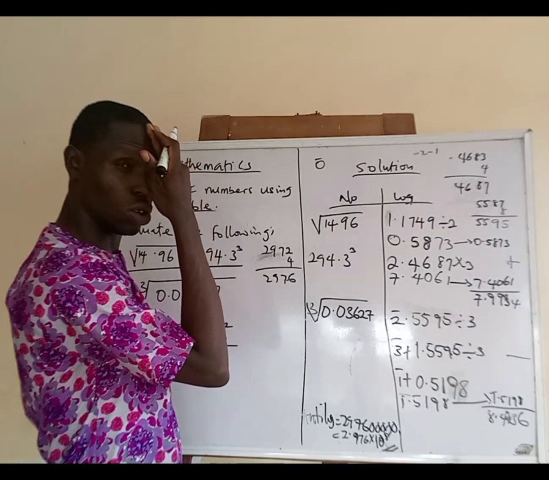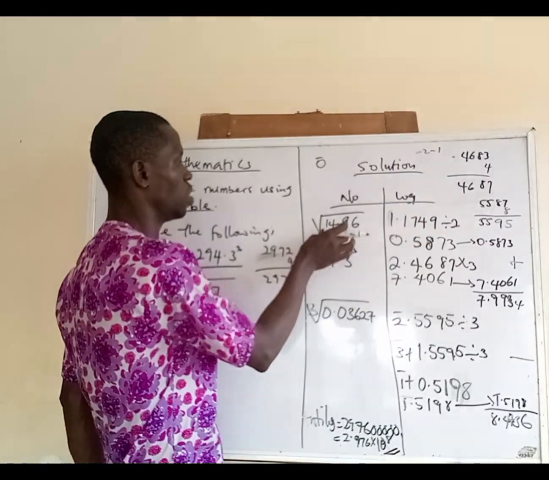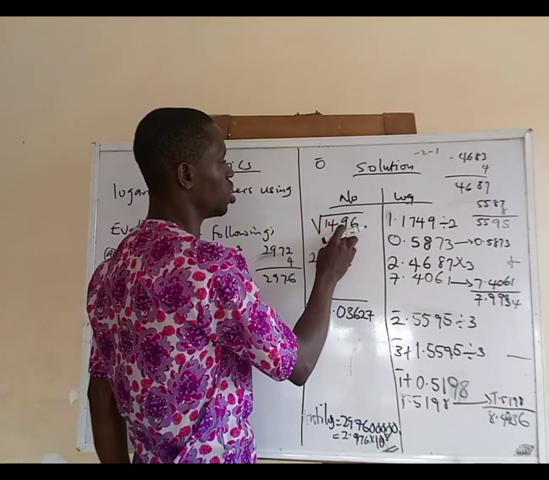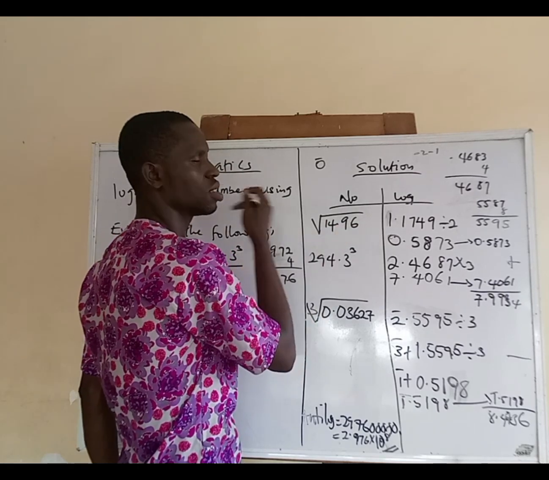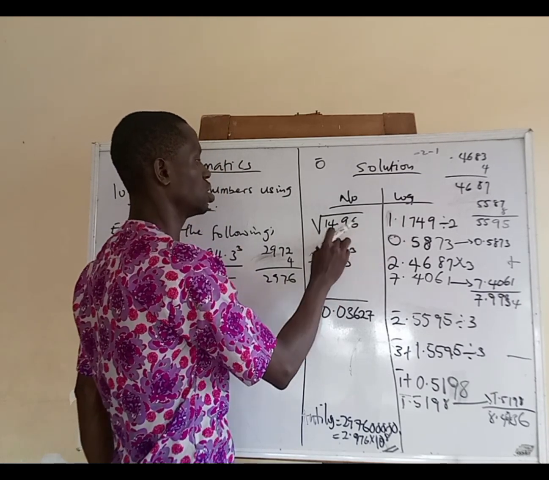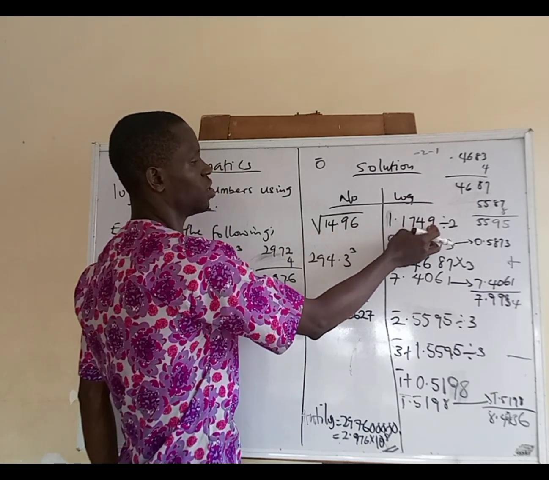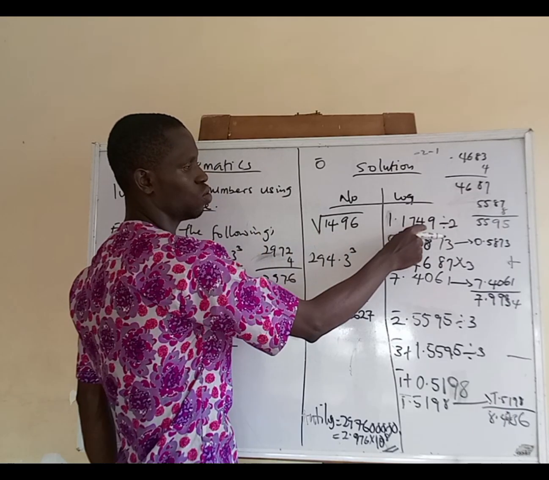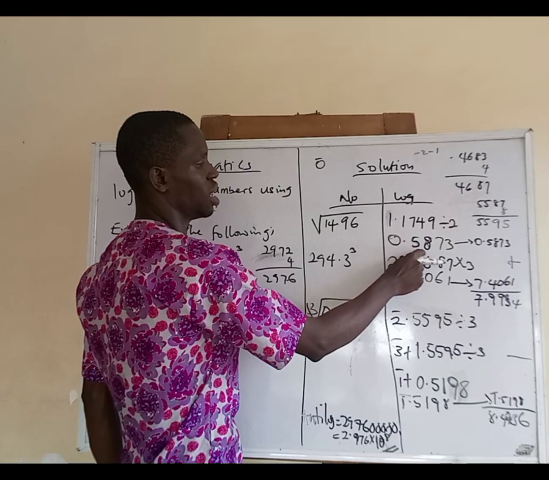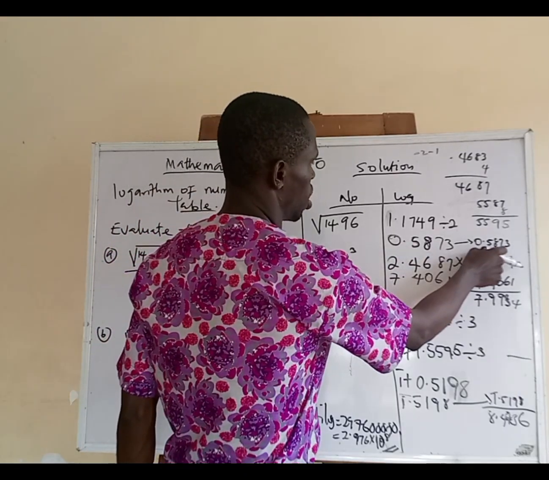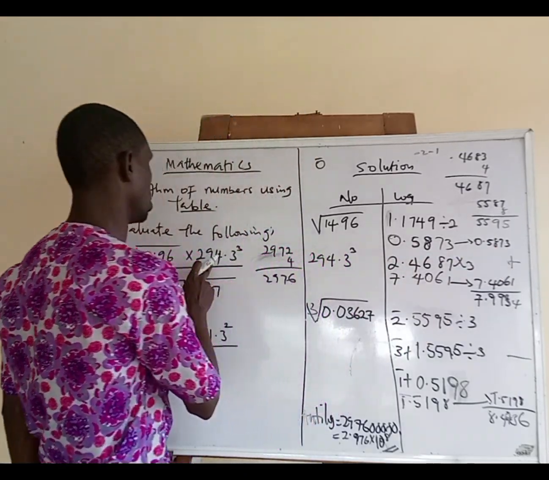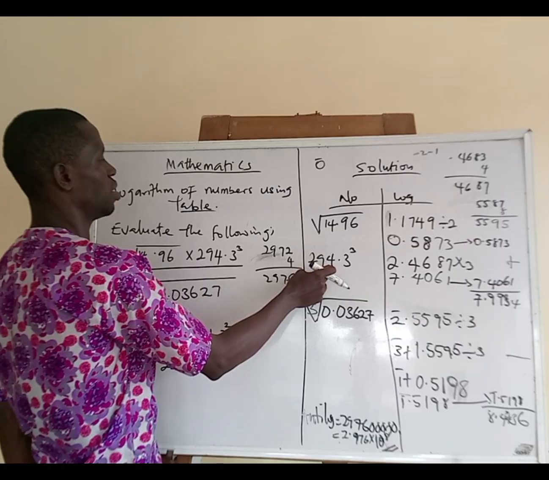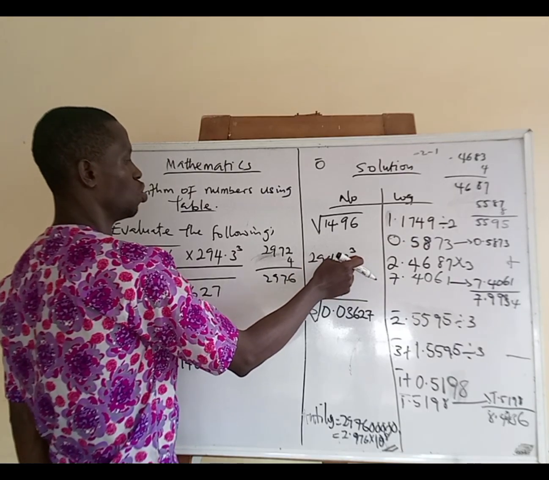So once again, let me quickly run through what we did. We find the logarithm of 14.96. The integer is 1 point. Logarithm is 1749. Then because of this, we are dividing by 2, and the answer is 0.9873. We bring it out. For the second one, that's 294.3 cube.